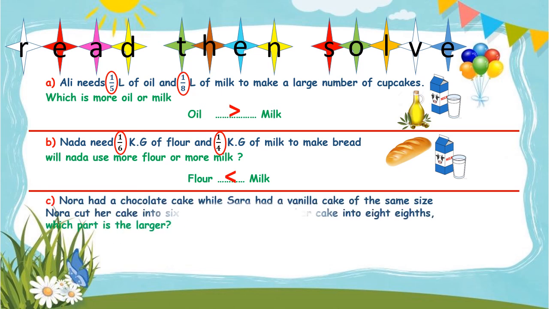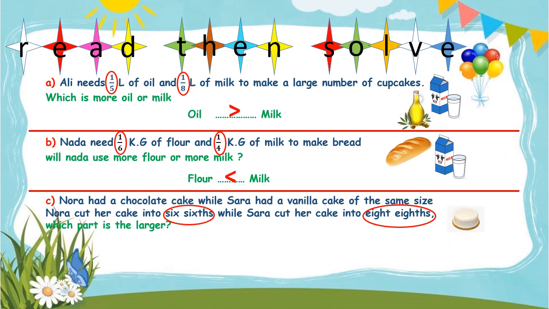The next one. Nora had a chocolate cake, while Sarah had a vanilla cake of the same size, so the two cakes are equal in size. Nora cut her cake into six sixths, while Sarah cut her cake into 8/8.